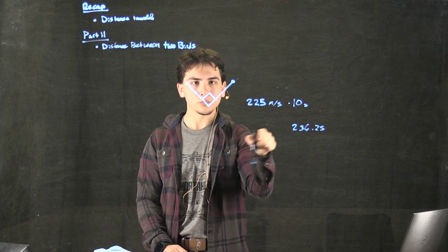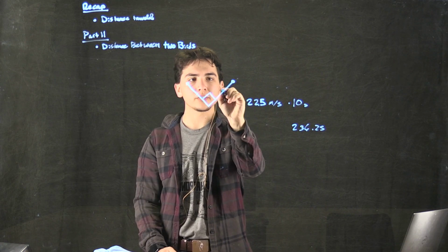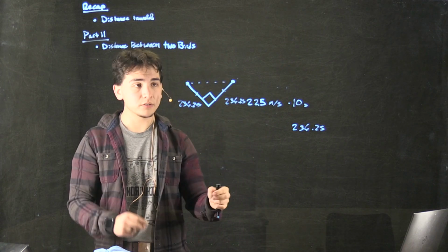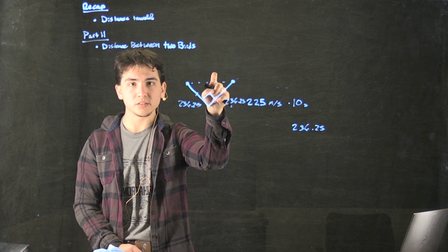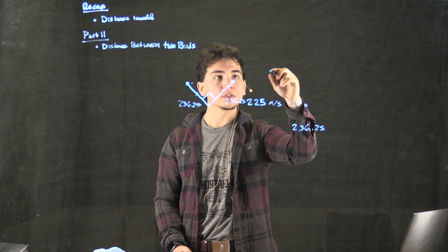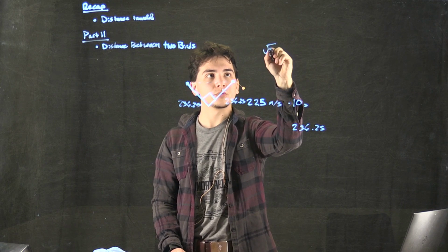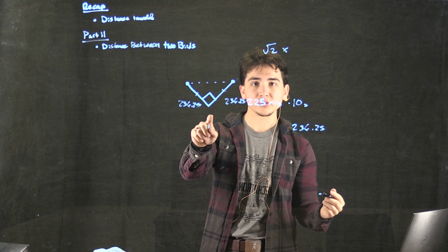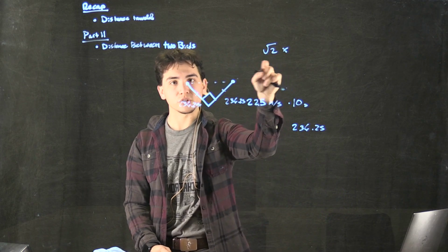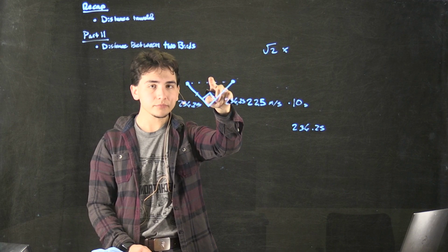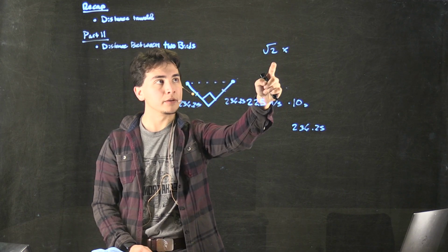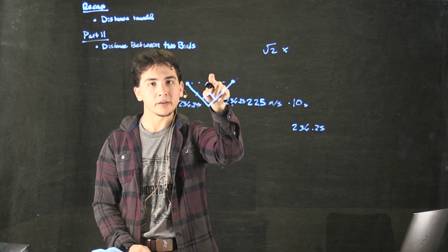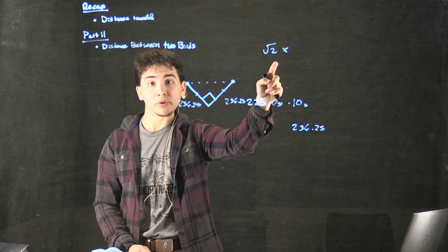This value here, we're going to distribute to both sides of the isosceles triangle and determine what this distance is here. As I just mentioned, this is an isosceles triangle, which means that this distance here is going to be the square root of 2 times x, because on a 45-45-90 triangle, which this one happens to be, we can find the solution of one side of that triangle by using the fact that two sides of the triangle are the same, and the hypotenuse of the triangle is multiplied by the square root of 2.